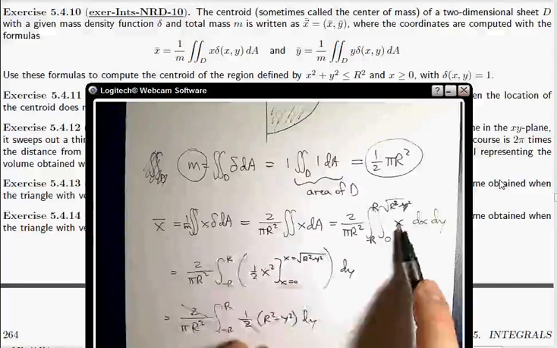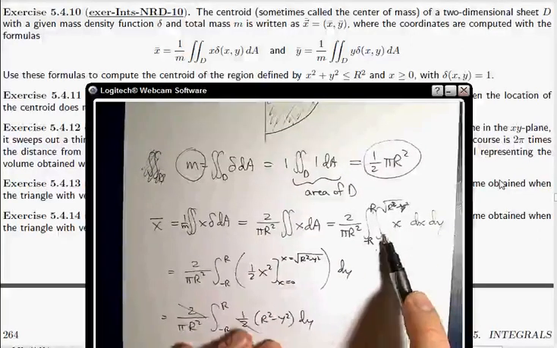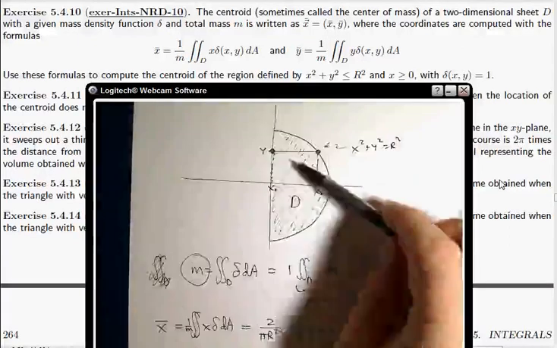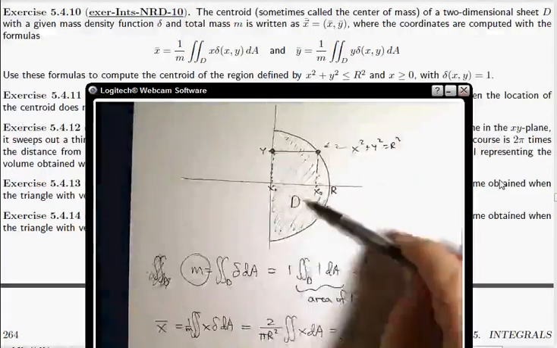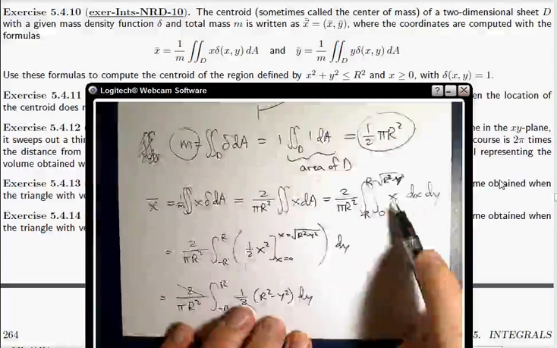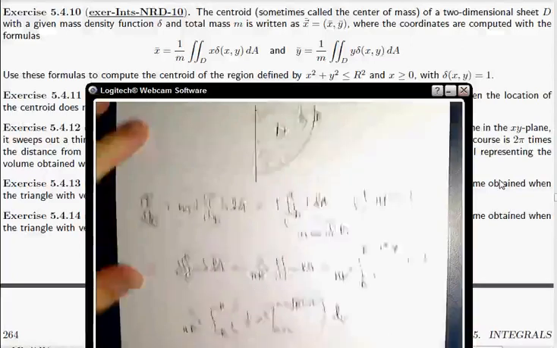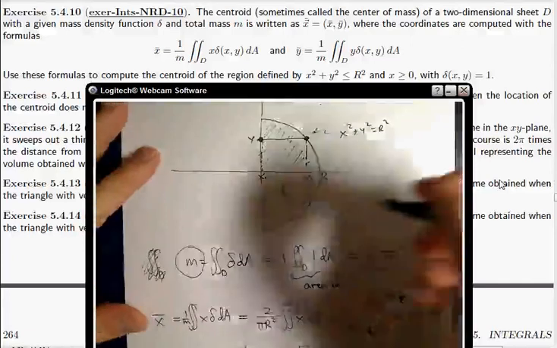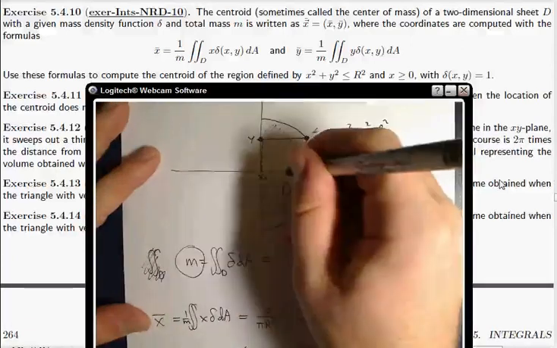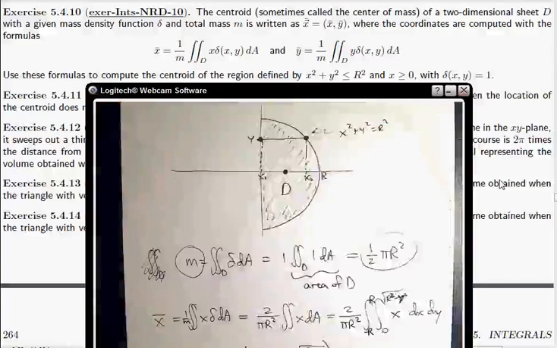The bounds are all the same because it's still the same domain, but it's a y instead of an x, and so that changes the way the integral works out. Side note, it does turn out that y bar is equal to 0, and so your centroid ends up being about like that.